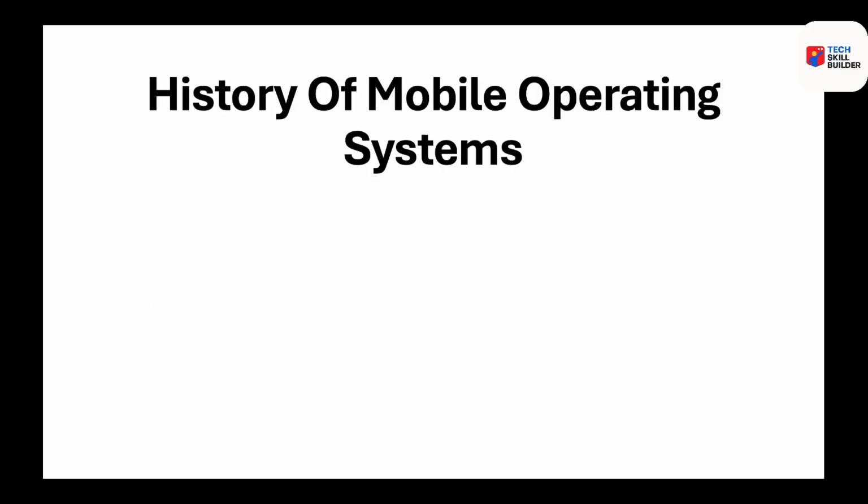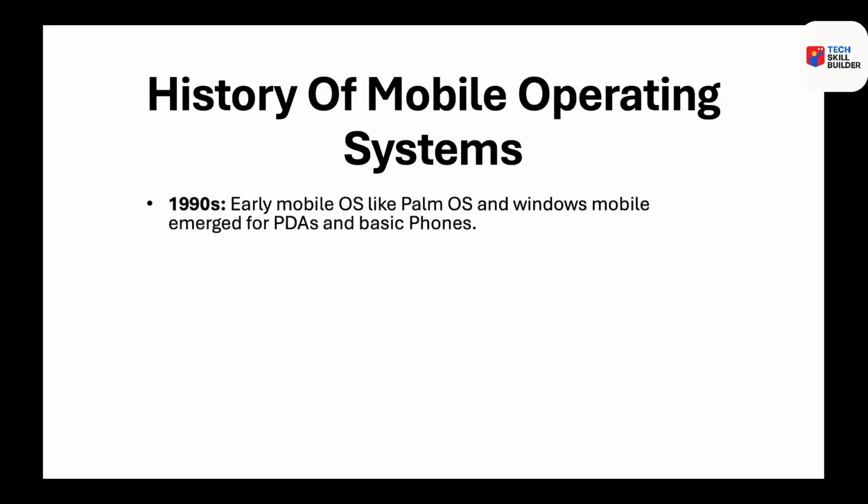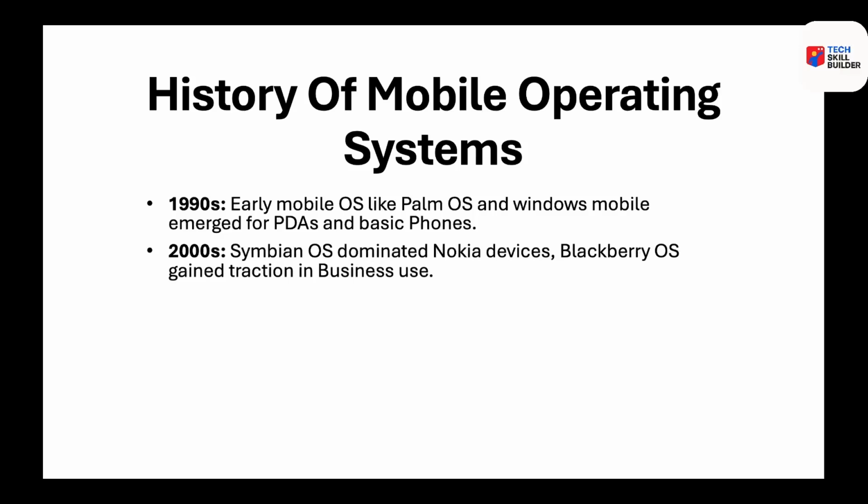So we'll see the history of mobile operating systems. In the 1990s, early mobile OS like Palm OS and Windows Phone emerged for personal digital assistants and basic phones. After that, in the 2000s, Symbian OS dominated Nokia devices, and BlackBerry OS gained traction in business use.